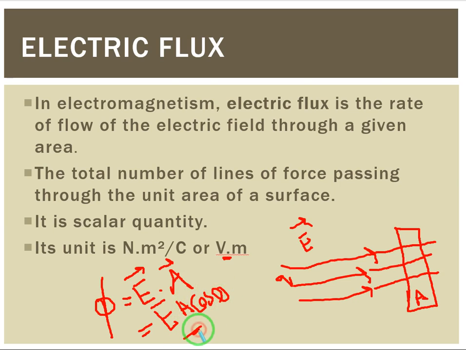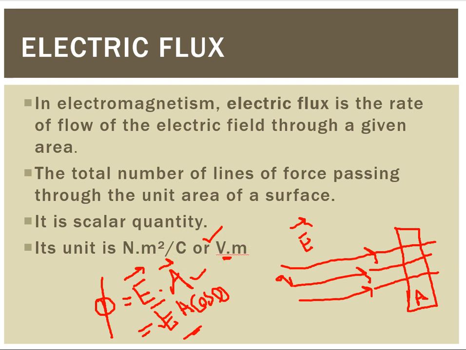So this formula can be used, and from this formula you can derive the unit of flux. You know the unit of electric field, you know the unit of area. So solve it out and at the result you can get this unit.